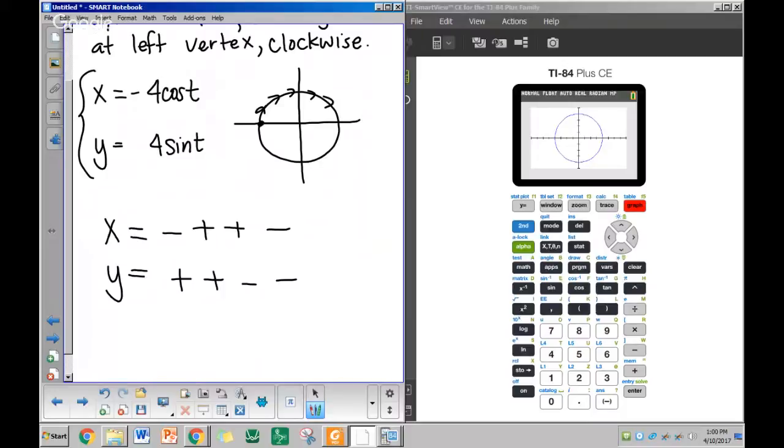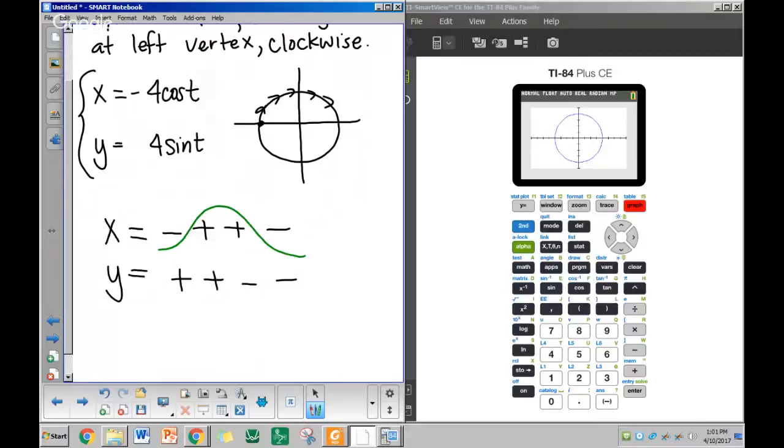Now this is the way that I like to think about it. This is a cosine curve, correct? So in my mind, I think a cosine curve starts on or off the midline. Off. And so if it's negative, it's going to be like this. You see that?